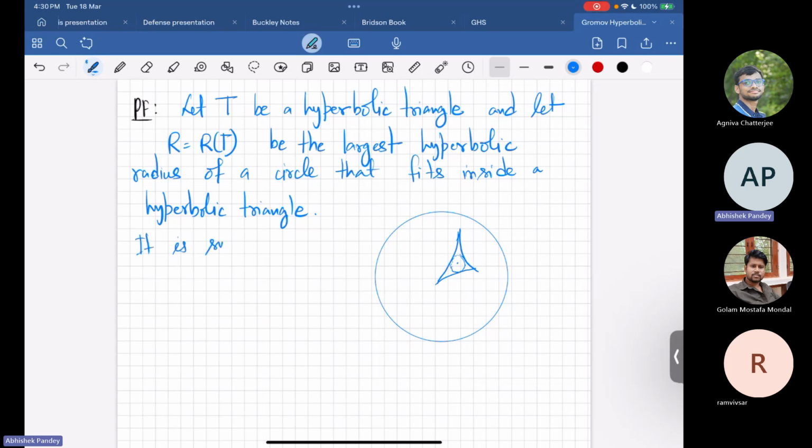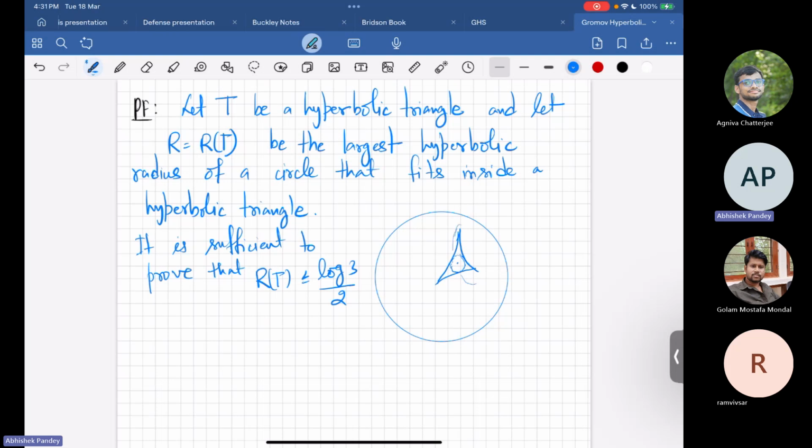It is sufficient to prove that R(T) is less than or equal to log 3 by 2. Basically we want this delta to be log 3, so we need to prove that the largest radius of this hyperbolic triangle is less than or equal to log 3 by 2. Then in every geodesic triangle, this is the largest radius we can fix.